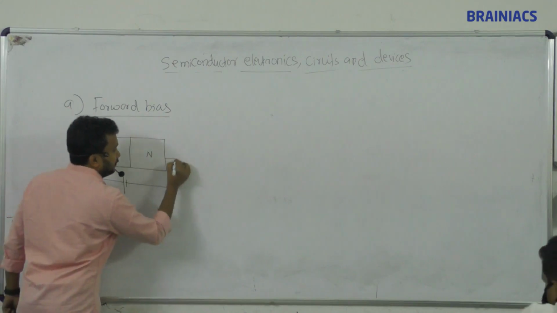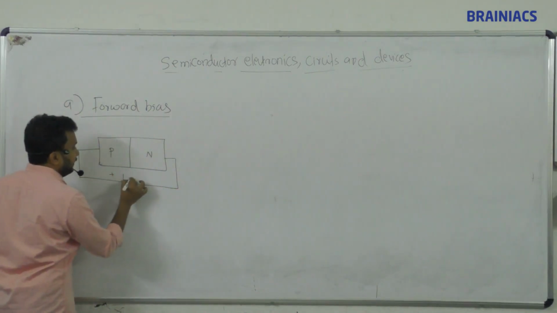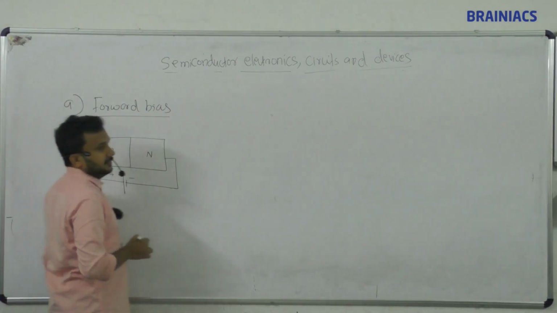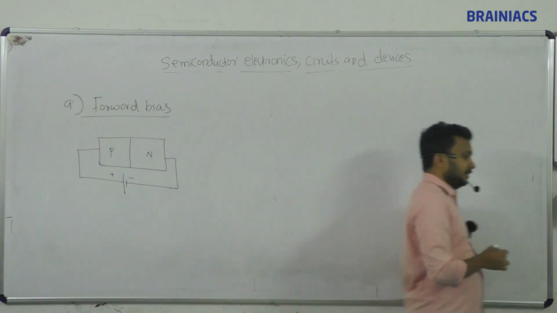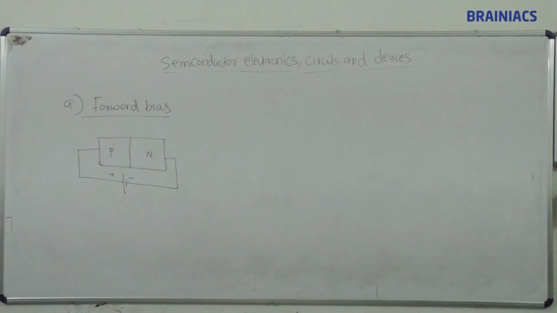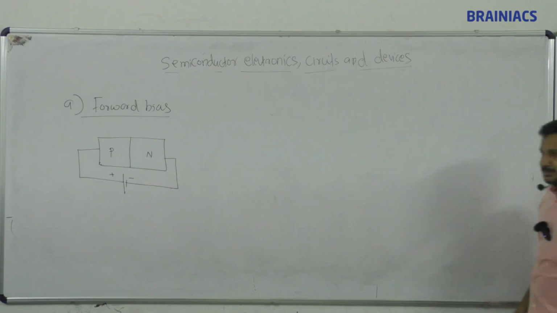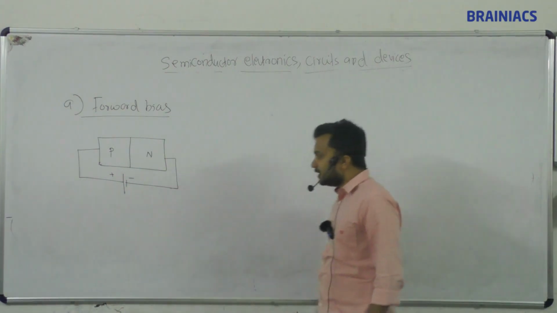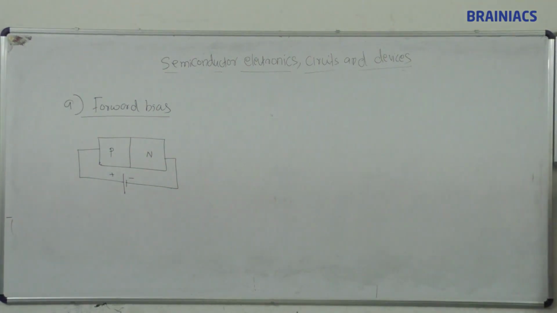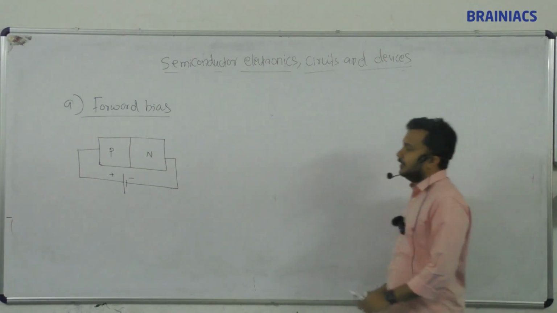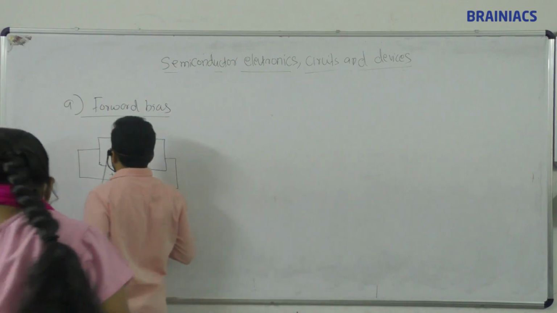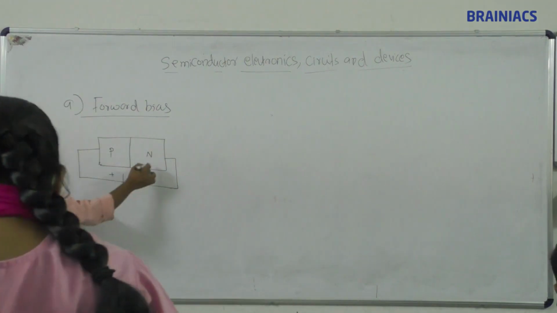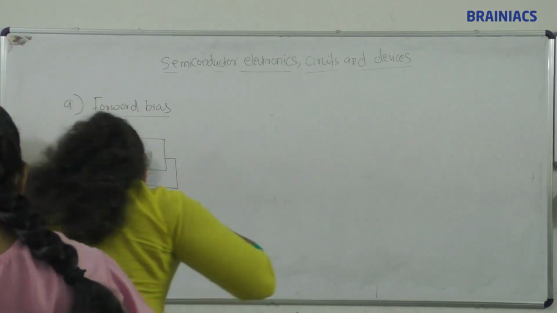Positive is connected with the positive terminal of the battery. Negative is connected with the negative terminal of the battery. Then such a type of connection is called forward biasing. P type is connected with the positive terminal of the battery, N type is connected with the negative terminal of the battery.